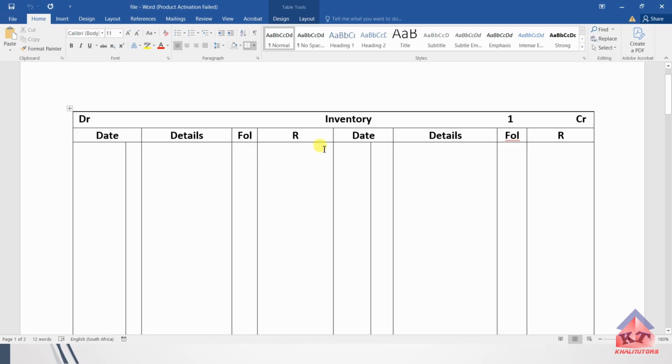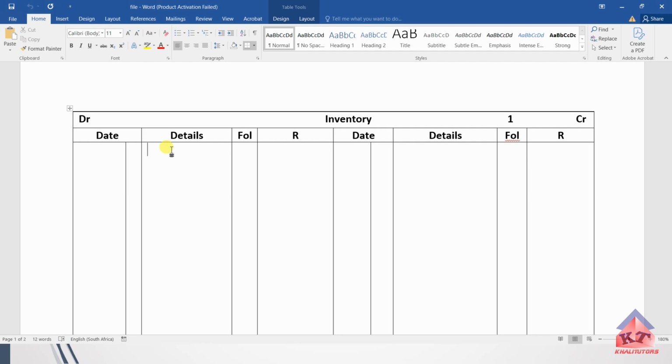Since here we are debiting this, okay, then there must be another account that is credited. Remember, it's the double entry principle. So it means for every transaction, there are two accounts that are affected. So this is where you are going to tell us which other account is affected by this transaction.